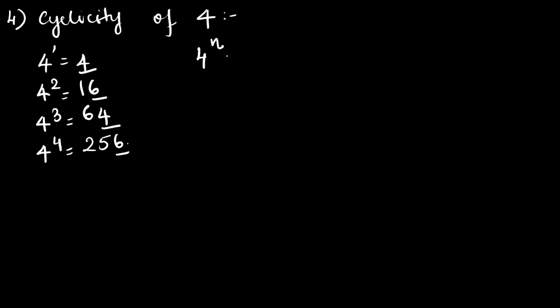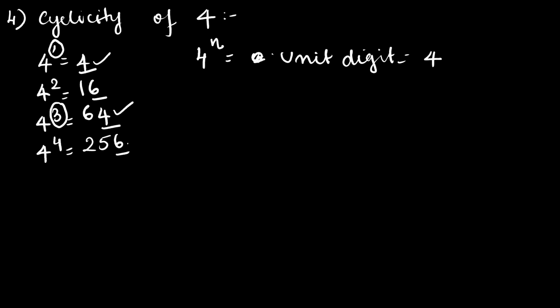4 raised to n. When this n is an odd number, that is 1, 3, then the unit digit is 4. Next, when this n is even, that is 2, 4, what happens?